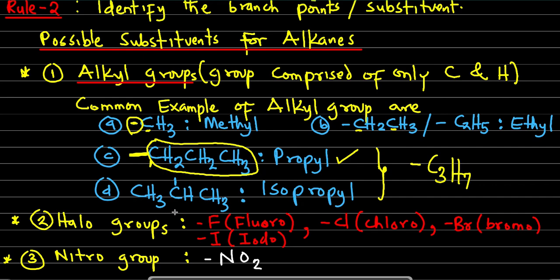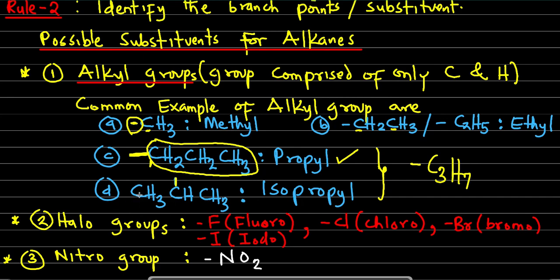Whereas in the isopropyl, you notice that this is still C3H7, but this time the point of attachment is no longer at carbon 1, but at carbon 2. Please note that you cannot jump and start numbering this carbon here as 1. You must start from either of the sides, which are both at equal distance.